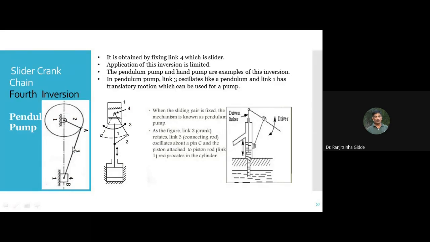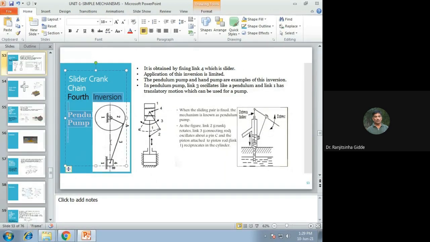So this is 1, this is 2, this is 3, this one is 3, this is 4, and this one is 4. You can consider any one as 4.